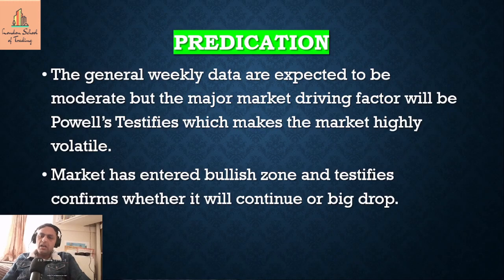Okay, the market has entered the bullish zone. At the moment the market is in the bullish zone until it crosses the 12,200 level. If it holds at that level, then it is still the bullish zone, and the testimony confirms whether it will continue or there will be a big drop. If the testimony doesn't support, then it will be a big drop. You need to understand.